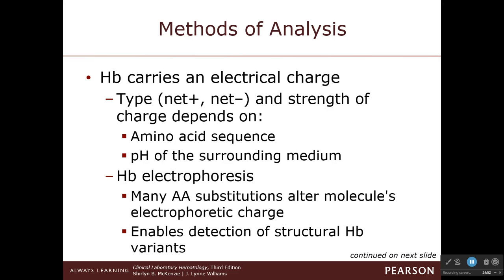Because most of the time we're looking at serum, okay? So we talked about how that we have a chamber, okay, and then we put a fluid in it, some kind of an electrolyte, okay, some kind of medium, okay, and then we have like a gel agar in it.